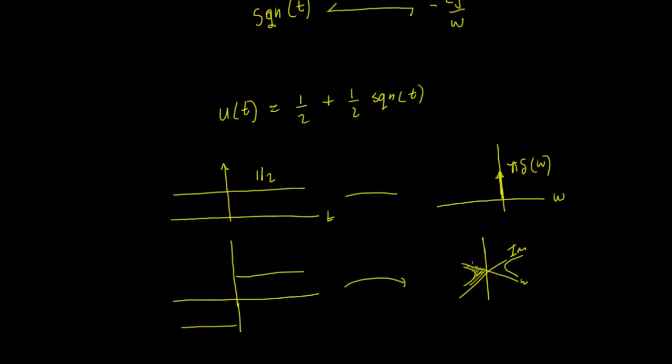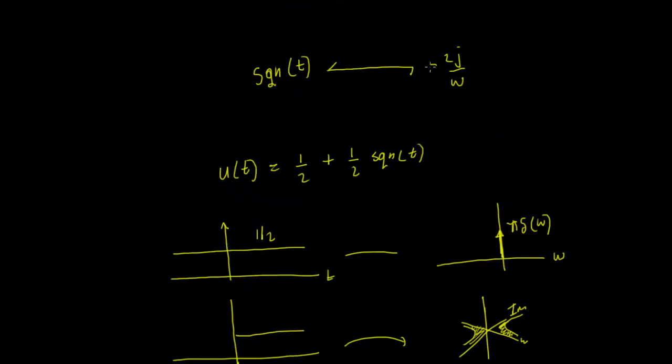That's what we saw a minute ago on MATLAB, and we've just worked out the value up here. It's going to be minus 2 upon j omega. But that's for a full signum function, which is height 1 and minus 1. This is only height a half and minus a half, so it's a half the signum function.